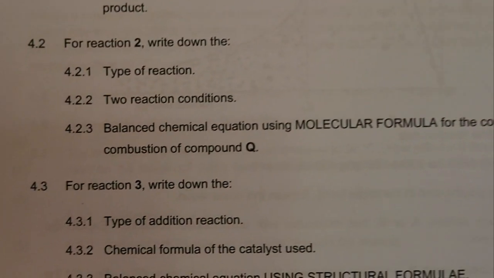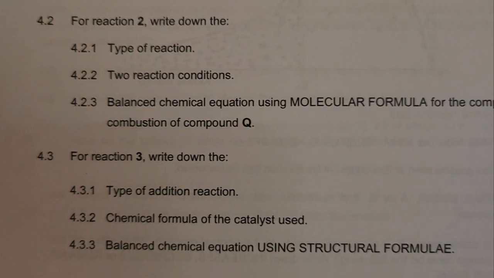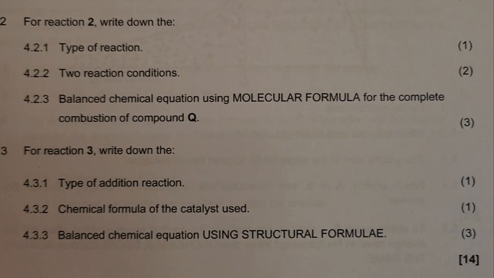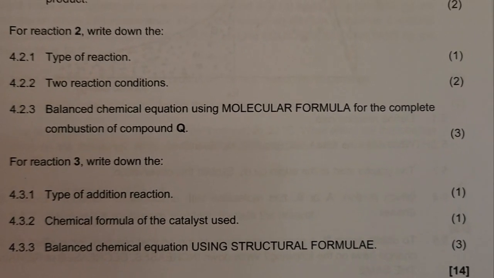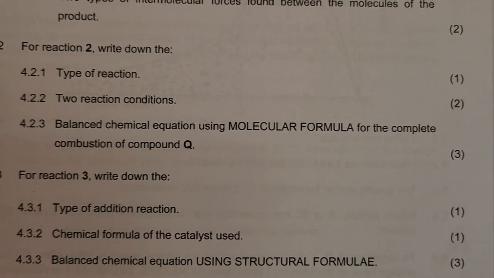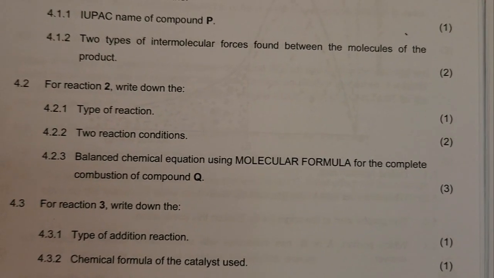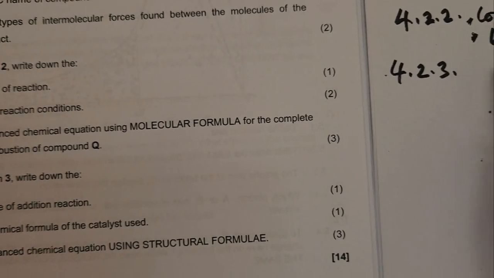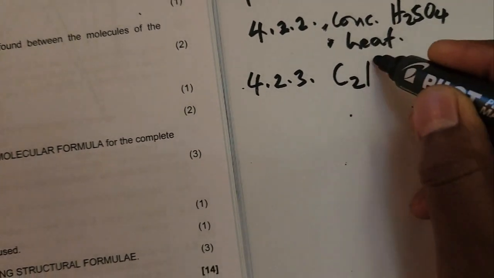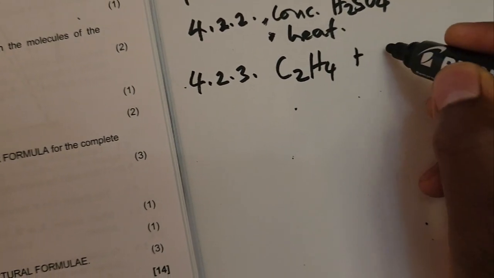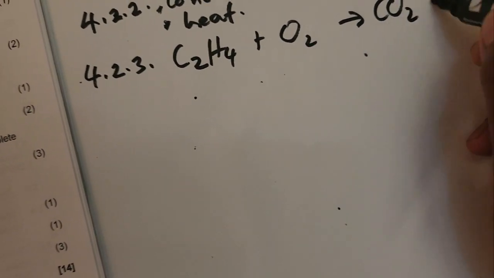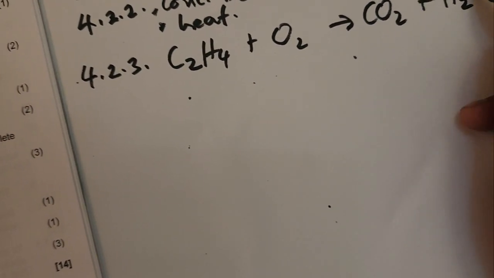4.2.3 will say write down the balanced equation using molecular formulae for the complete combustion of Q. Q is ethene. If we talk about complete combustion of ethene, it will be C2H4 and then we need oxygen to produce carbon dioxide plus water.